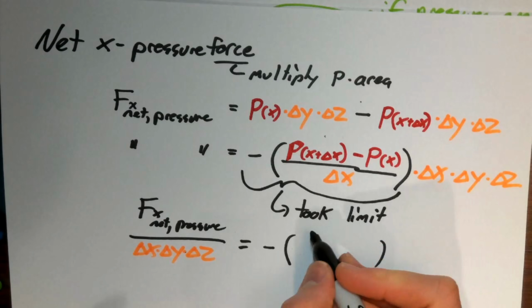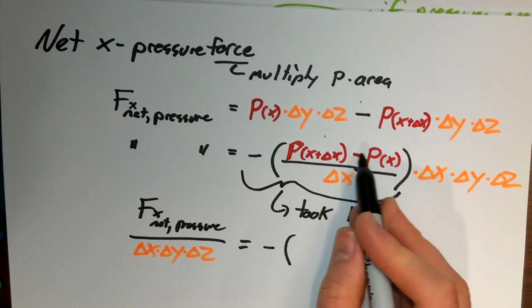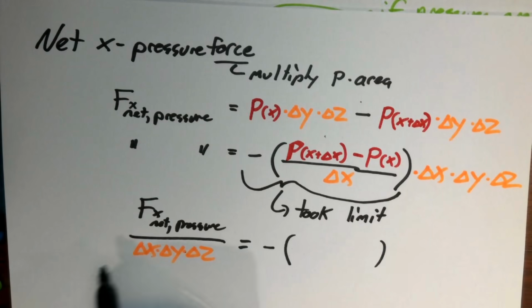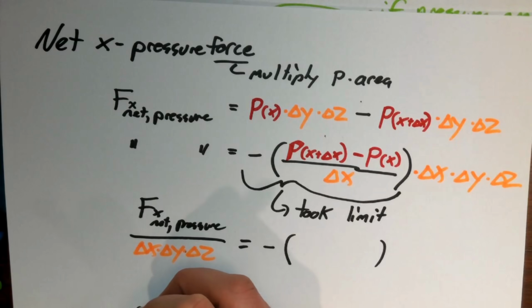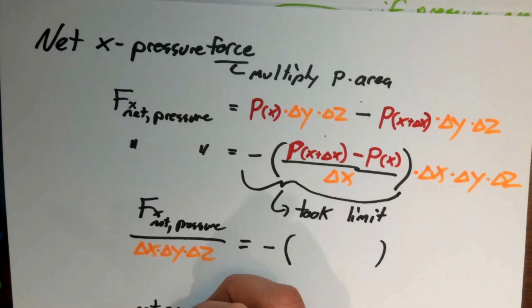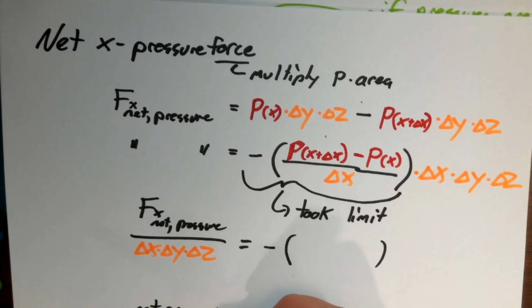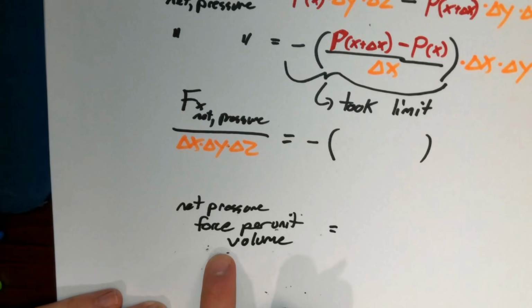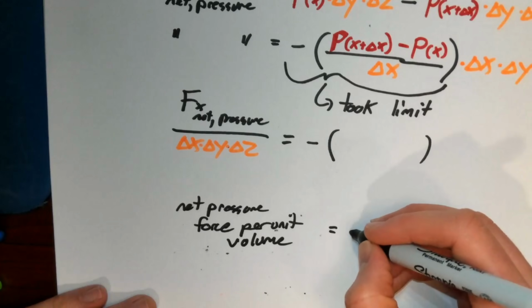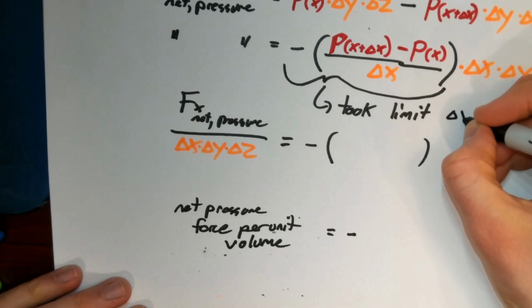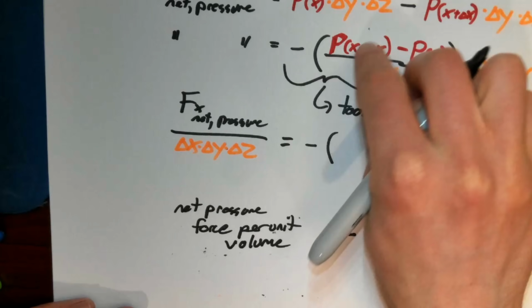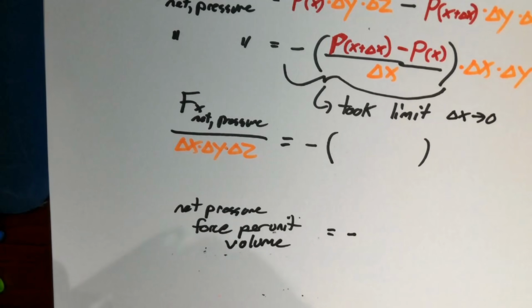So if I took a limit of this quantity after I divided both sides by delta x, delta y, delta z, I get my net pressure force per unit volume, and this term here, if I took limits as delta x approaches 0, essentially becomes a derivative in calculus.